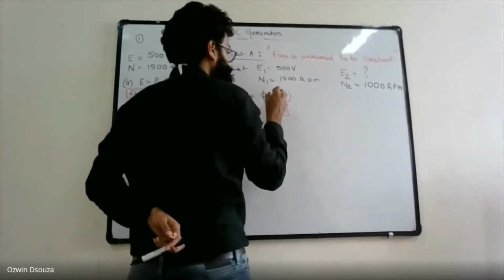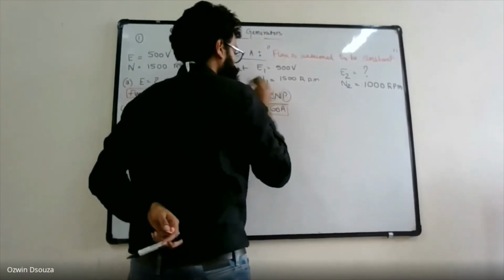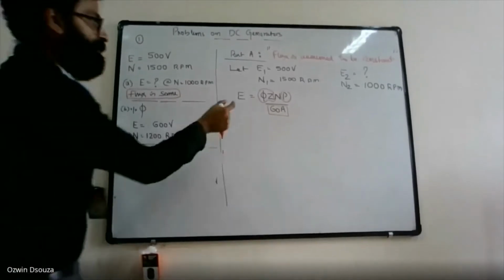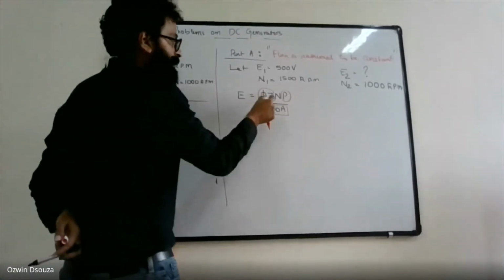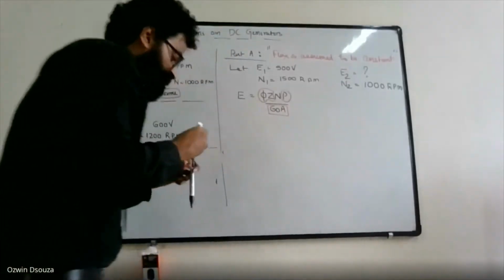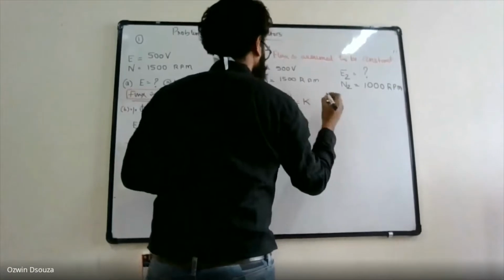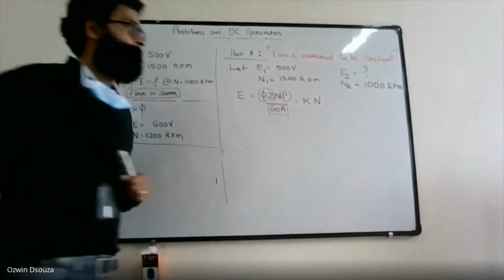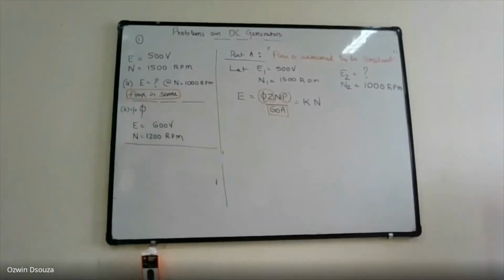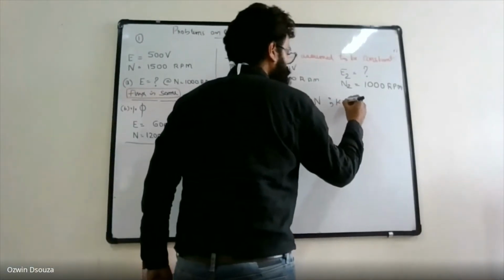P is constant, number of conductors Z is constant, and flux is also constant. So basically, the constant in this equation is phi Z P divided by 60A. So you can write E is equal to some K times N, where K is a constant.